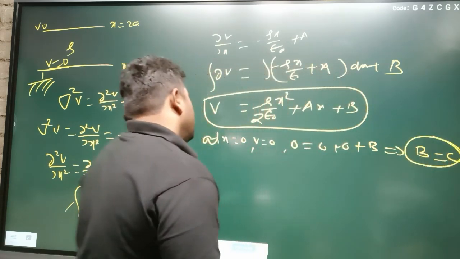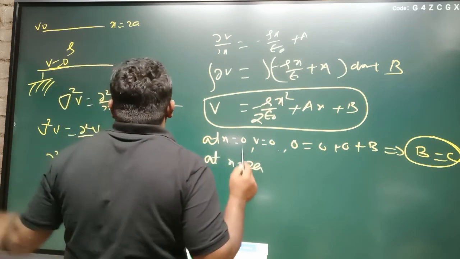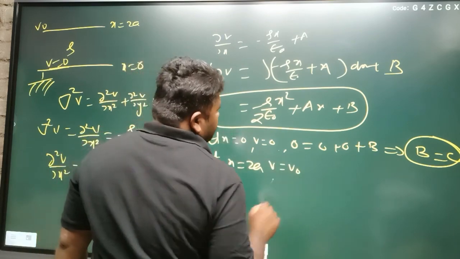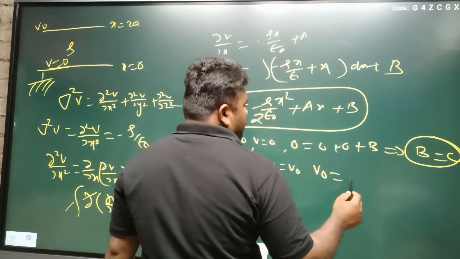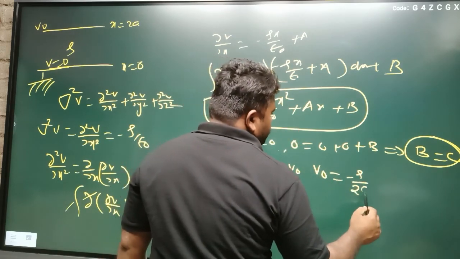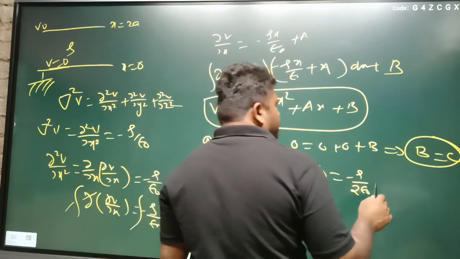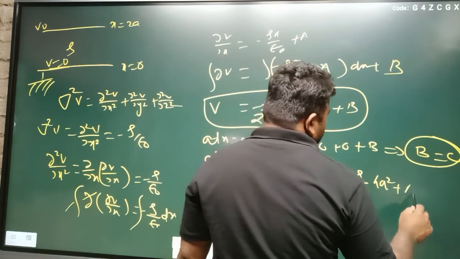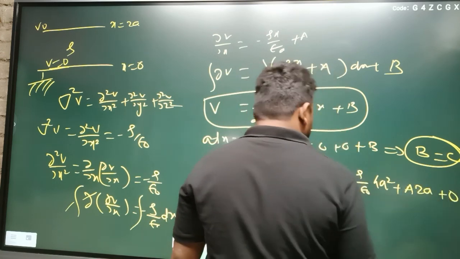Second one, at x is equal to 2a. At x is equal to 2a, potential V is equal to how much? V naught. Okay, then V naught is equal to minus rho upon 2 epsilon naught, x square means (2a) square, which is 4a square, plus a x, meaning 2a, plus b, is equal to how much? 0.